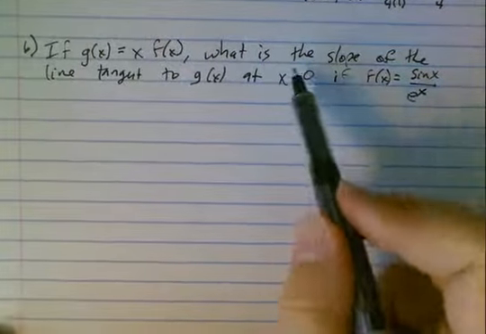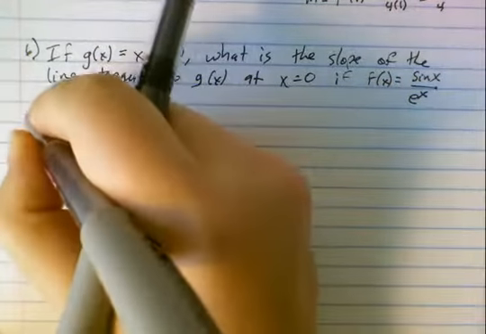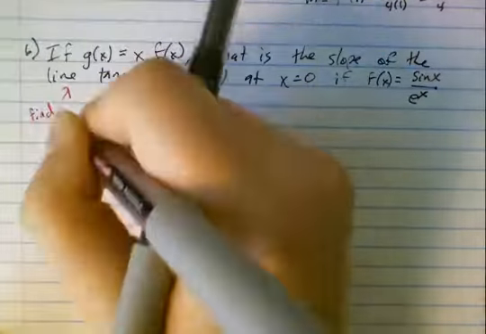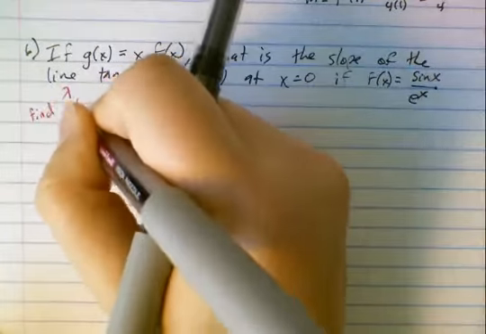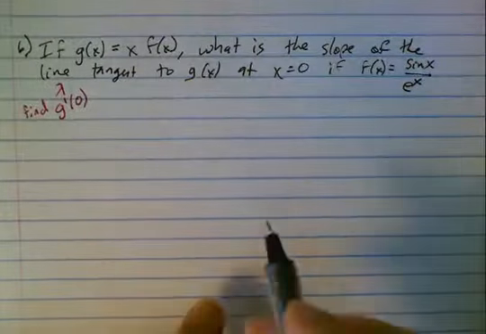We're just asking for the slope of the tangent line, so this really means find the derivative g prime of 0. That's all this really is asking for.